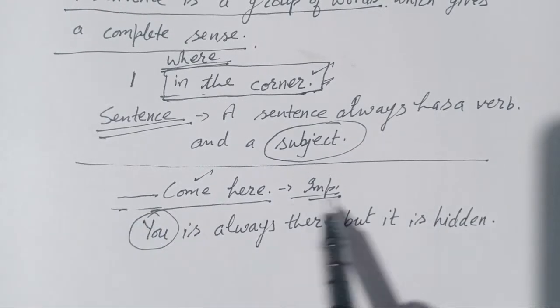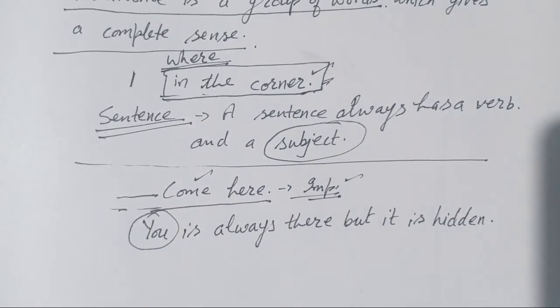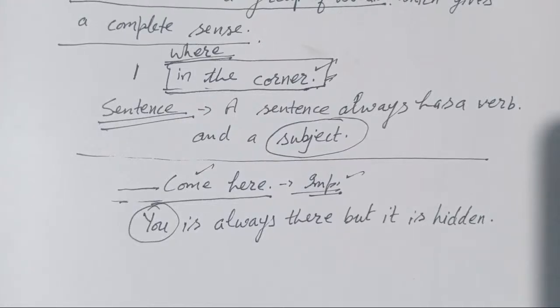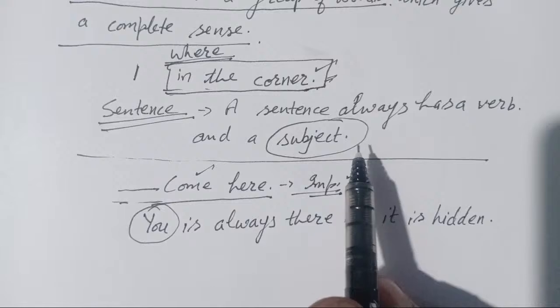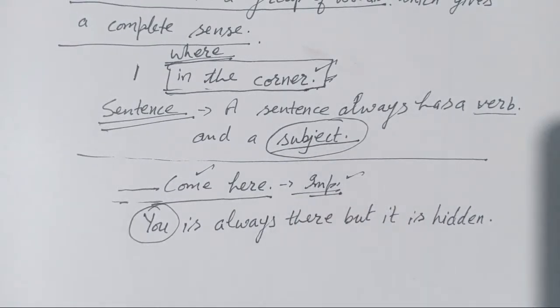But we write imperative sentences without the subject. Keep in mind always. So a sentence is a group of words which gives a complete sense, and it has its own subject and its own verb. These two things are a must.